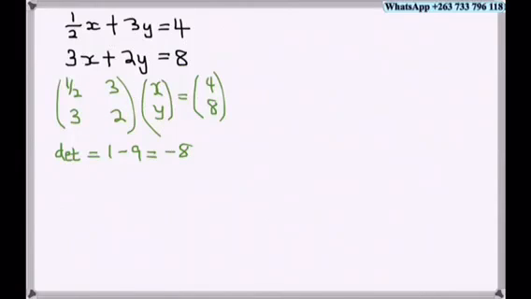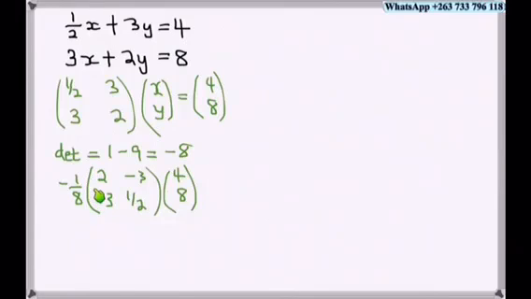The determinant here: half times 2 is 1, 3 times 3 is 9, so it's 1 minus 9, which equals minus 8. So our inverse will be 1 over minus 8, then it's 2, minus 3; this changes the sign, this changes the sign, this swaps, this 2 and half, then minus 3. Then this multiplies our answers to give us the results for x and y.